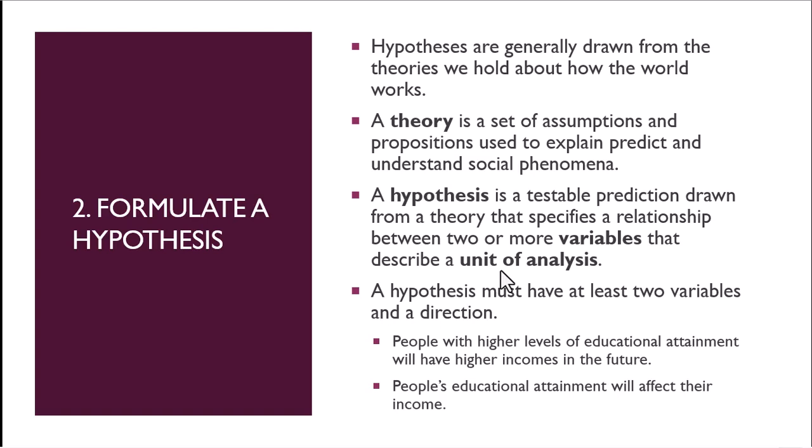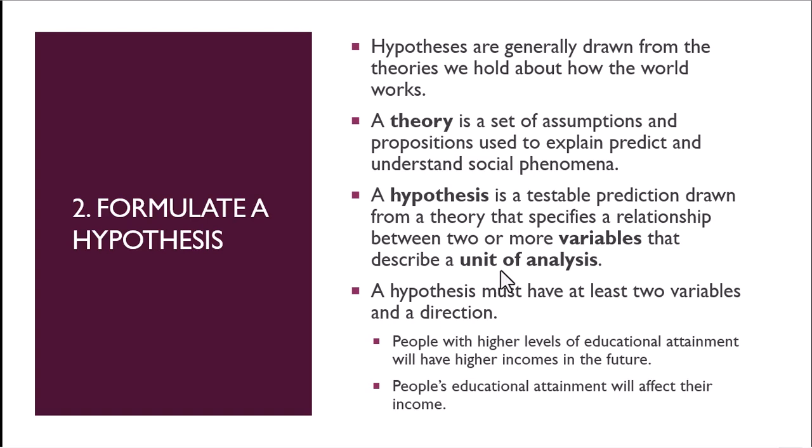A hypothesis needs to have two variables and a direction. So we have some examples here. People with higher levels of educational attainment will have higher incomes in the future, and people's educational attainment will affect their income. The first example here, people with higher levels of educational attainment will have higher incomes in the future, is a good hypothesis. We have two variables, levels of education and income, and we have a direction.